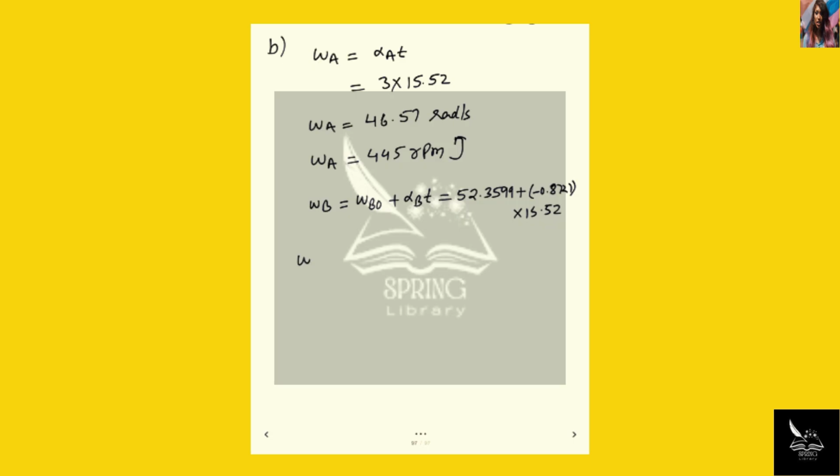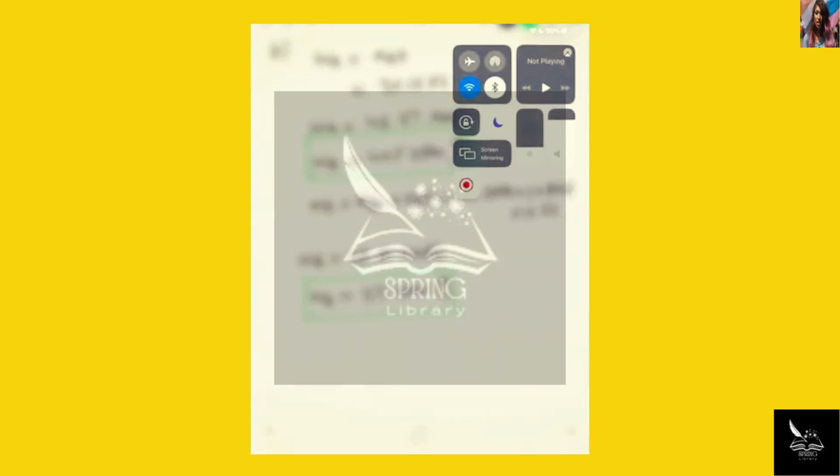After solving, we get omega B equals 38.81 radian per second. Converting it into rpm, we get omega B equals 371 rpm in the clockwise direction. Okay, so these are the answers for the angular speeds of disk A and disk B, the different answers for part B.